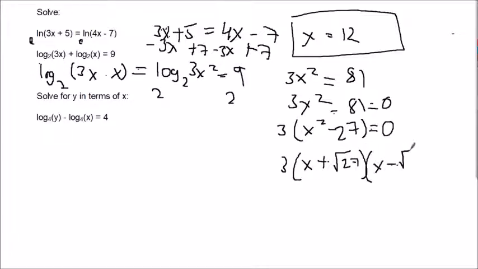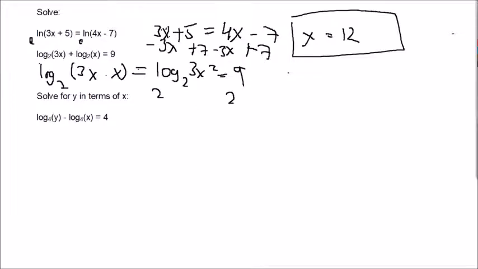It's not a perfect square, but we can still factor it, which will give us x is equal to negative square root of 27 and square root of 27. Okay, I did this wrong.